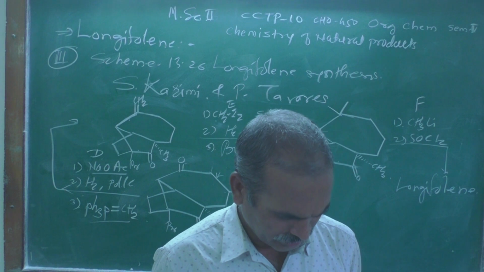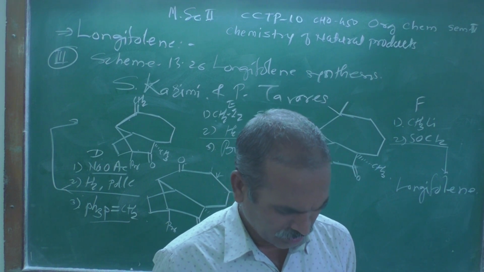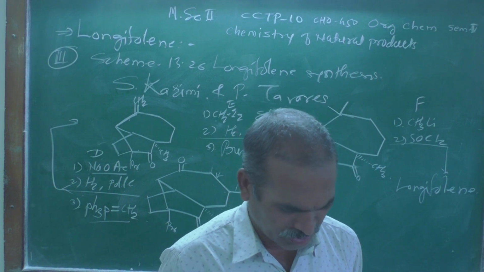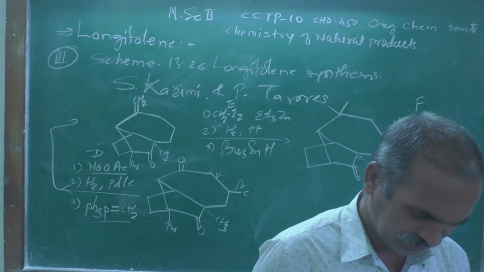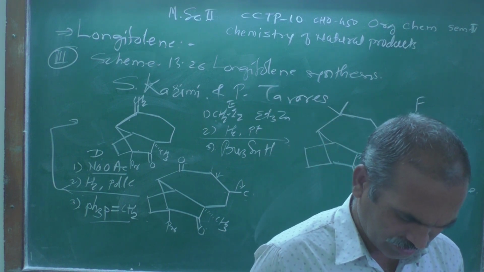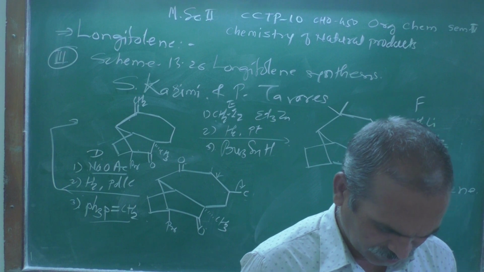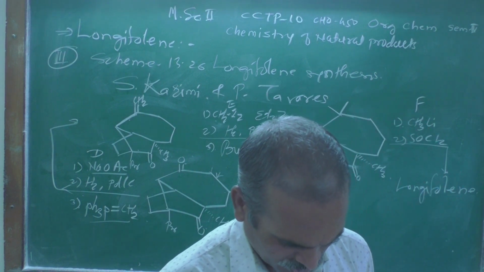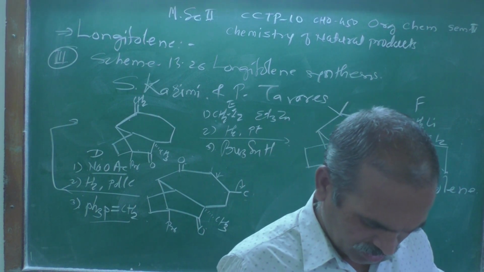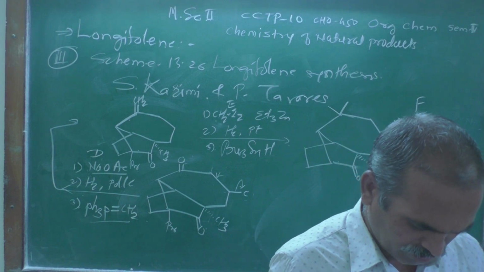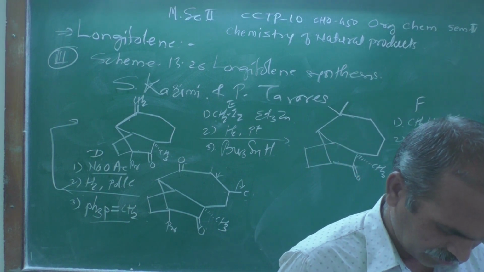So here Bu3SnH is tributyltin hydride. It acts as a reducing reagent for hydrogenation, dehalogenation, and intramolecular reactions.